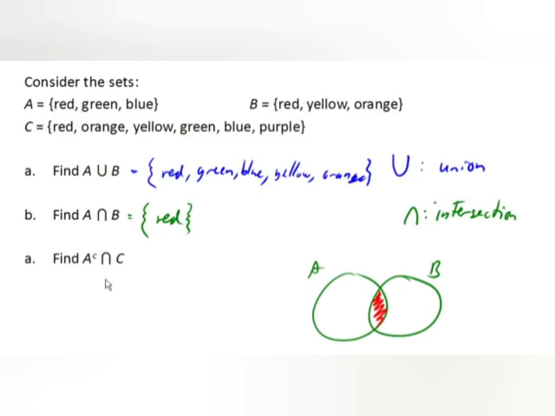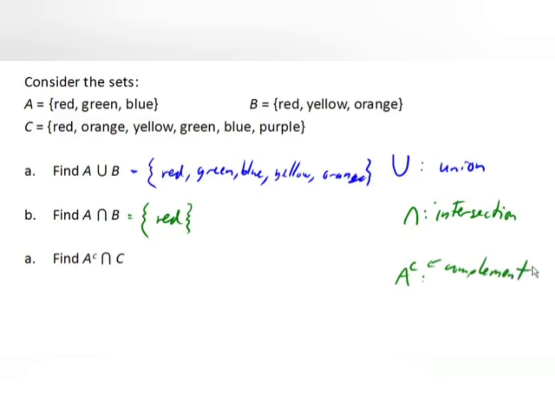Now, for the third one here, we need to talk about this symbol. When we write A with the little c here, the little c means complement, which is another way of saying the opposite of, or everything else.